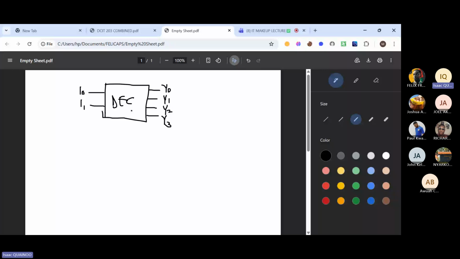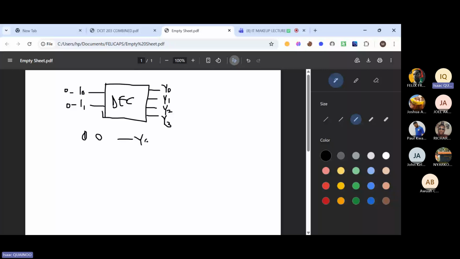So we have to ask ourselves, what are the corresponding inputs for I0 and I1? Assuming I0 and I1 are both 0, 0, then Y0 will be selected.